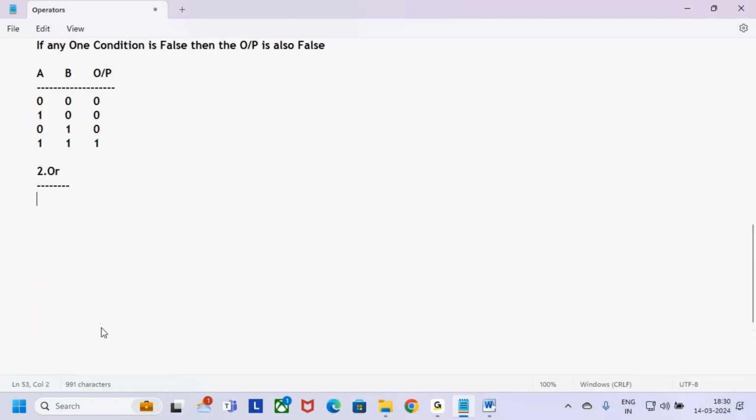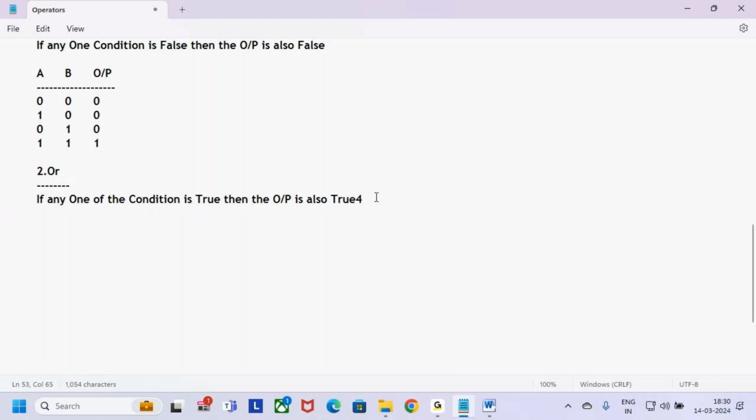In the OR, when the output is true means, if any one of the conditions is true, then the output is also true. So in the OR operator, when the output is true, if any one condition is true, then we'll get the output as true.